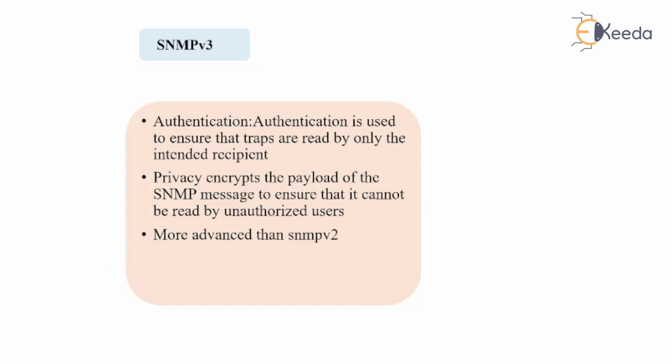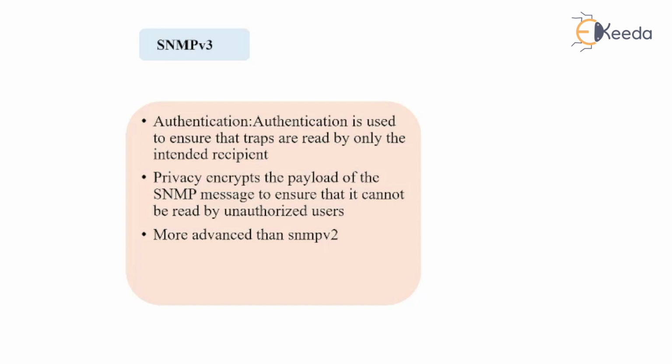Authentication is used to ensure that the traps are read by only the intended recipients. That means authentication plays a very important role in the exchange of data between the manager and agent, or in other words between the sender and receiver.